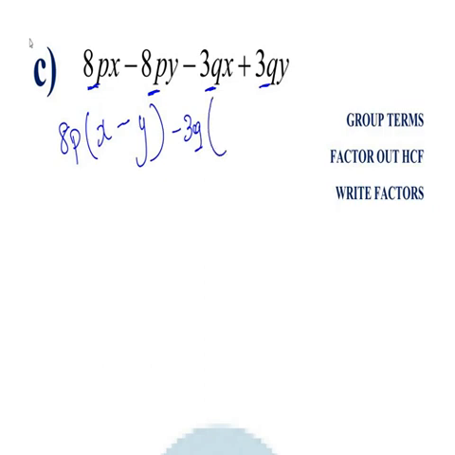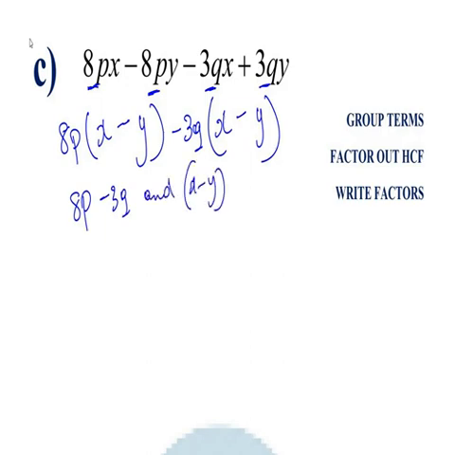So negative 3q into negative 3qx leaves us with x, and negative 3q into 3qy leaves us with negative y. So our factors are 8p minus 3q and x minus y. Those are our two factors.